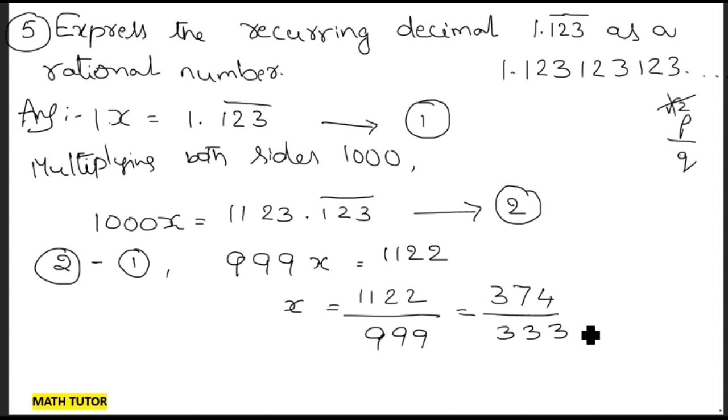Is this in lowest terms? See, any fraction you cannot leave it like this. For the answer part, you have to simplify it. Make sure that it is in the lowest terms. This is already in the lowest terms. I cannot simplify it further. So the answer is 374 by 333. Okay. You represent this as the rational number because it's in the form of P by Q.